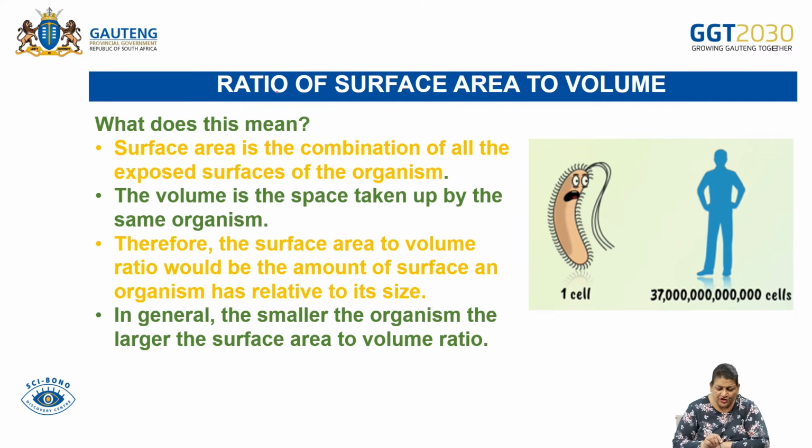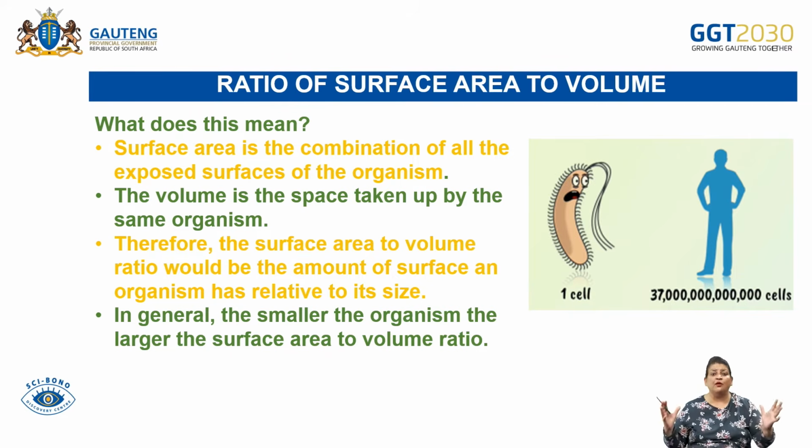Now, ratio of surface area to volume. Here is a single cell. Look at this bacteria. Remember you did bacteria under biodiversity of animals, and bacteria is also unicellular with a flagella. This bacteria is looking and saying, I am so tiny, and now look at this human being.